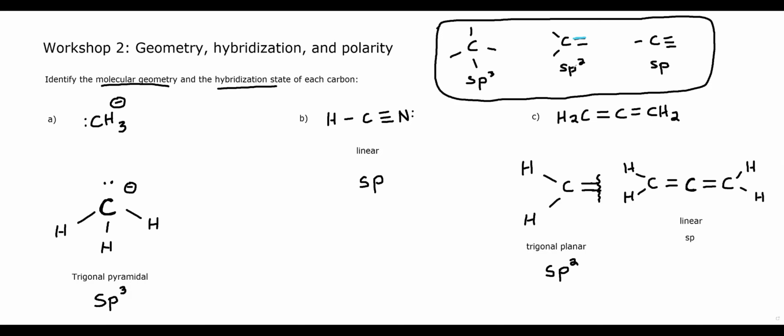Remember, one of those p orbitals is responsible for this pi bond, so it's sp2 instead of sp3. And if you have two pi bonds, in the case of a triple bond, that means two of those three p orbitals are responsible for pi bonding, which means these bonds in black are simply sp bonds.